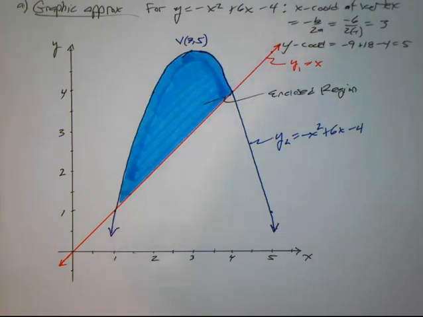Here's where I would try to use a plane geometry figure, such as triangles, squares, rectangles, trapezoids, circles, something for which I have the formula memorized, and approximate this region using plane geometry regions.